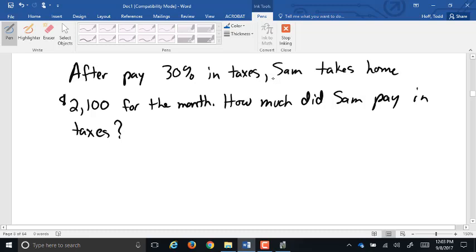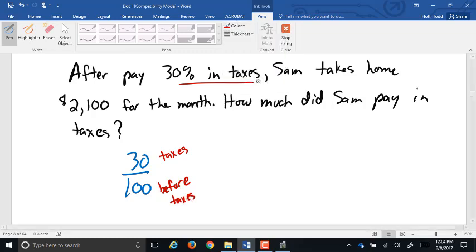So we go to set up this problem. We've got the 30%. That's 30 over 100. The 30 represents what? Taxes. The 100 would represent the whole amount before taxes, right?